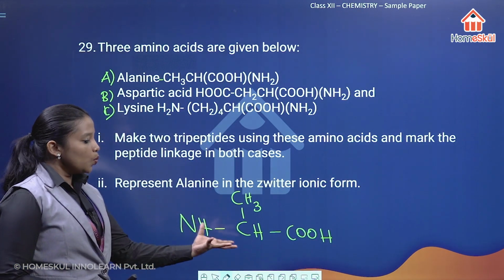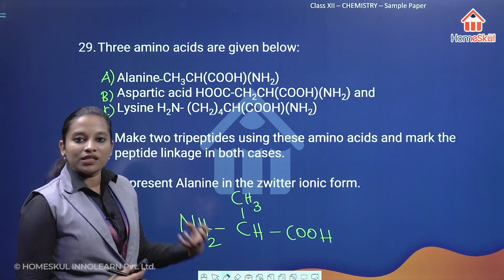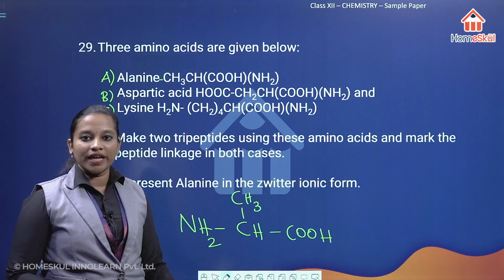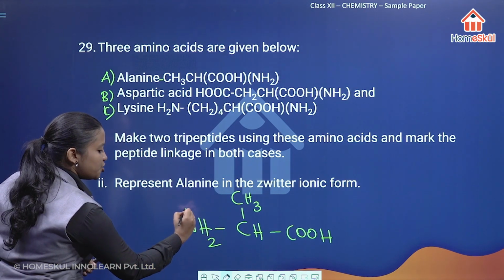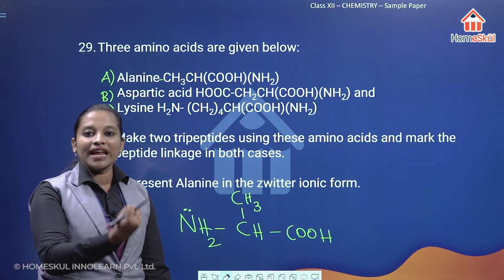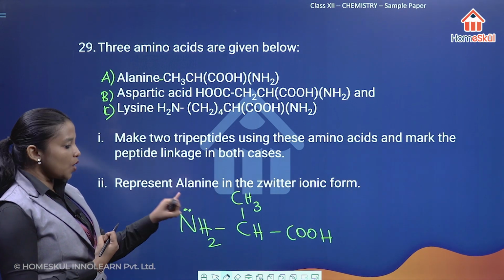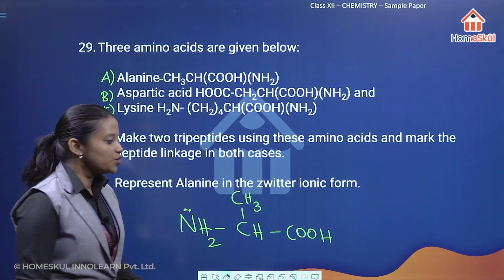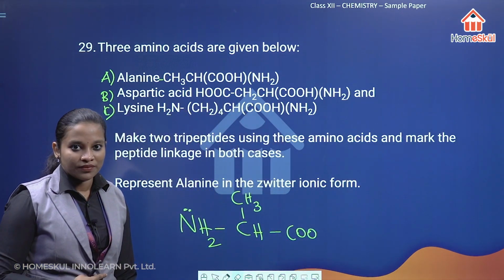Here we know that COOH is an acidic group. In aqueous solution, it will donate an H plus ion. And what is the peculiarity of the NH2 group? It is basic in nature. That means it can accept H plus by using the lone pair of electrons. So, in aqueous solution, how does alanine exist?